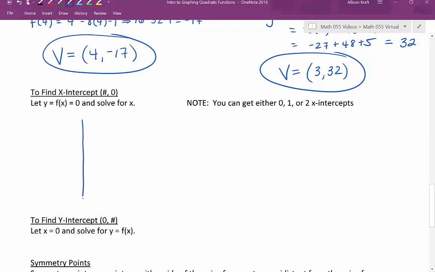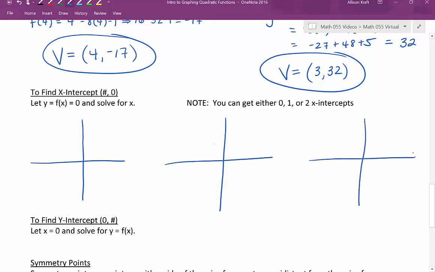I'm going to draw you some pictures so that you can see why that makes sense that we have those 3 different options. We could have a parabola like this that is above the x-axis and opens up. It'll never hit the x-axis. This is going to have 0 x-intercepts.